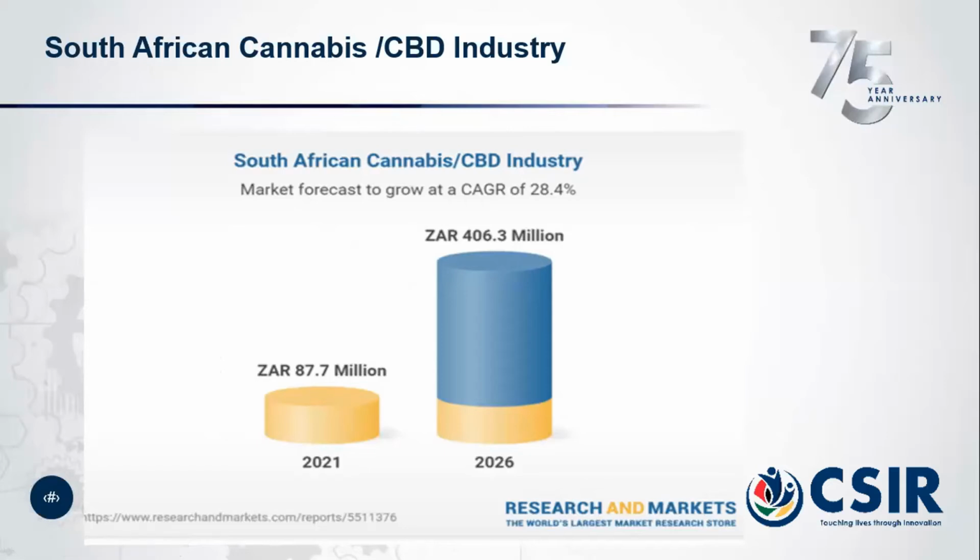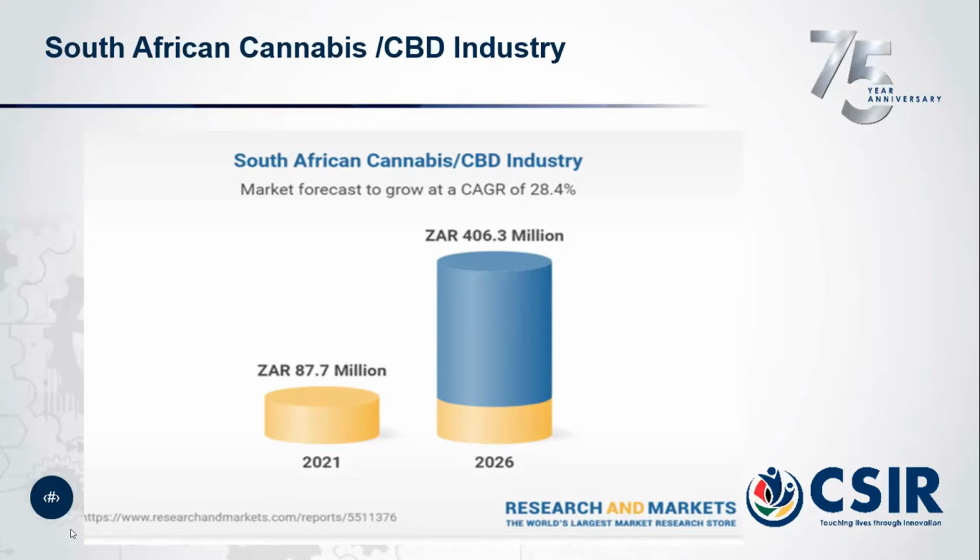I got this yesterday. It is market research done by Research and Markets, and the 2021 market is around 87.7 million. And then they are forecasting that in 2026 it is going to be around 406.3 million. This is mainly on the CBD industry, let me correct that, with a CAGR of around 28.4%.